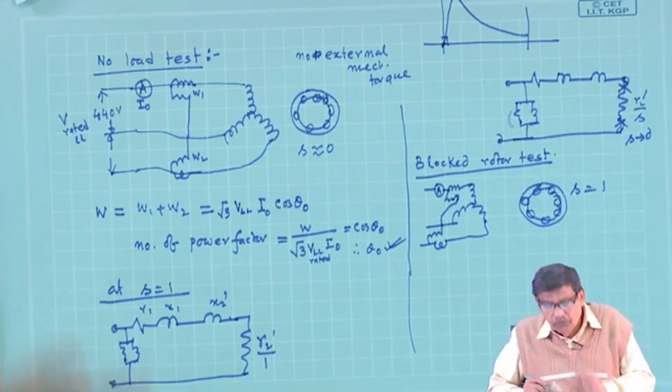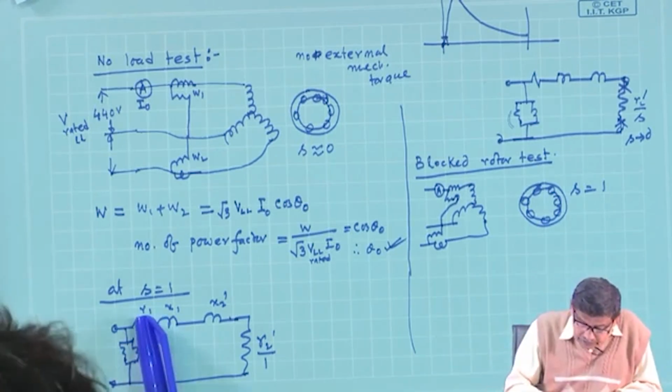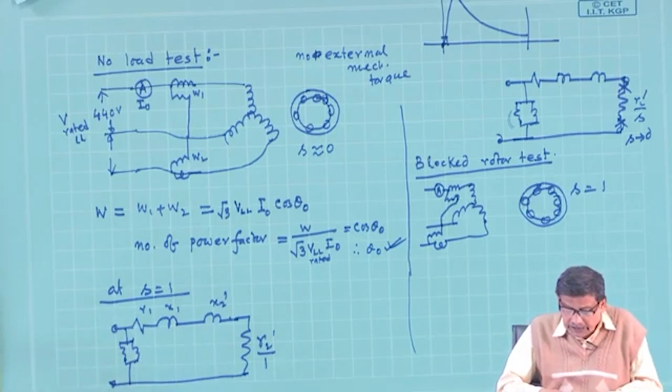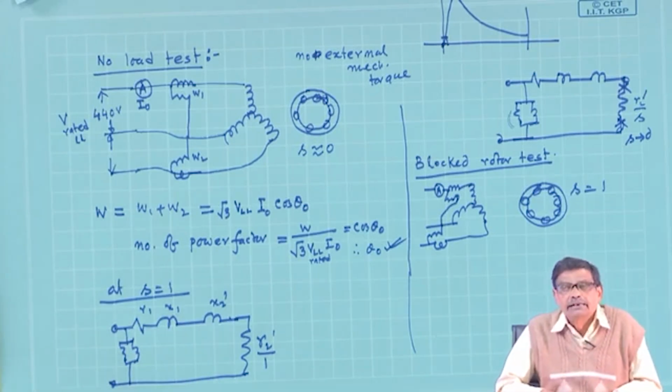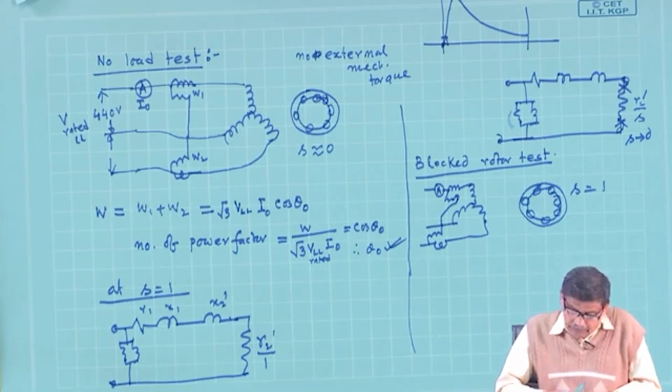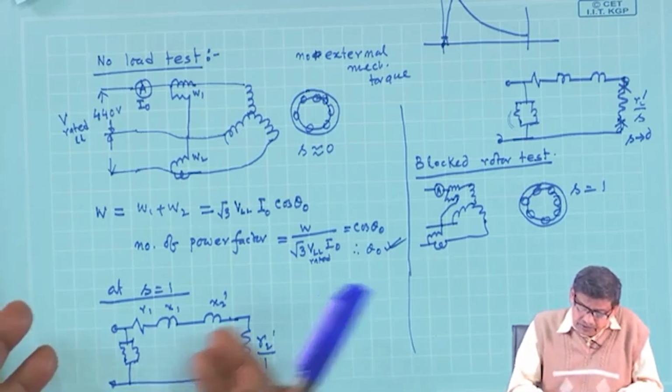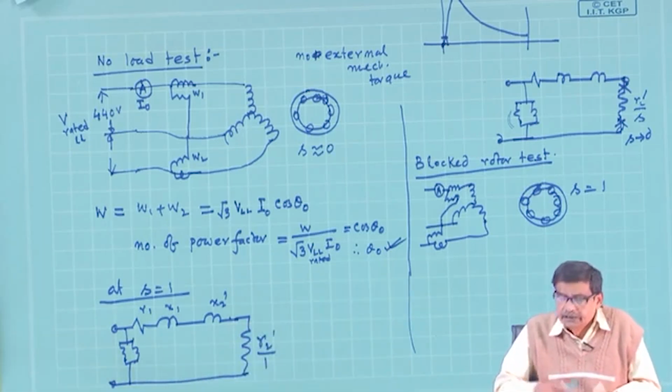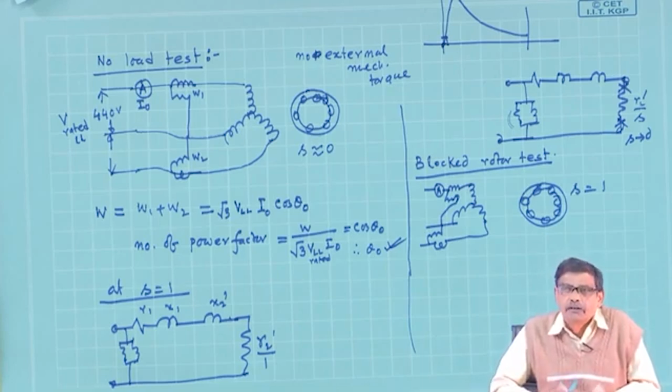If you apply full voltage, always remember the winding resistance and leakage reactances at 50 hertz are very small. So R1, R2 dashed, X1, X2 dashed are the series parameters which are very small.